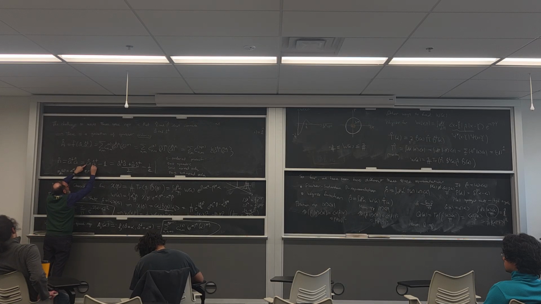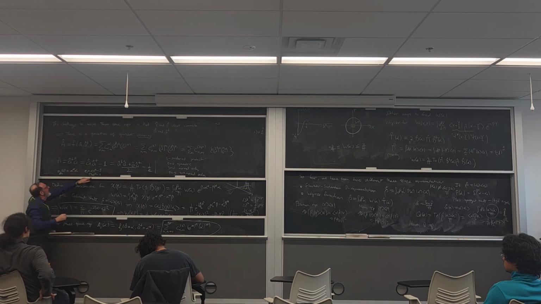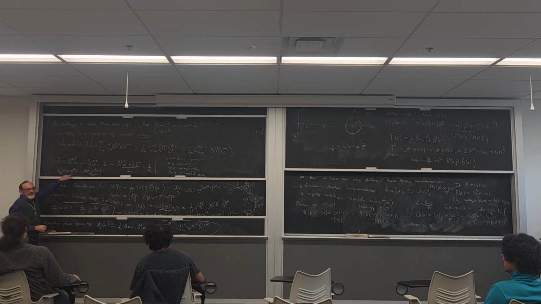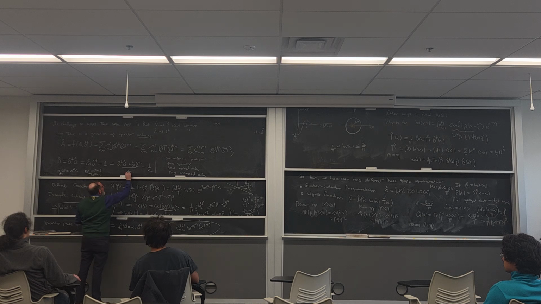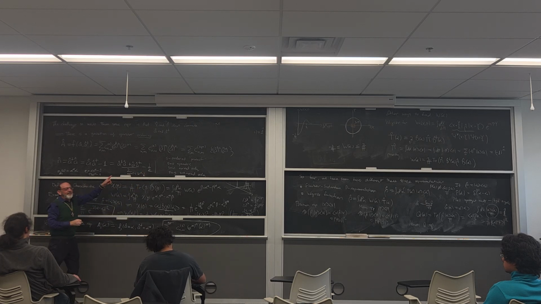It's alpha times alpha star minus 1, or alpha squared minus 1. This function is not equal to that function. And this function is different again. The symmetrically ordered version of n is alpha squared minus 1/2. These are three different representations of the number operator.